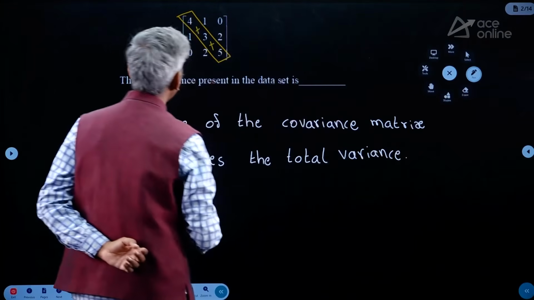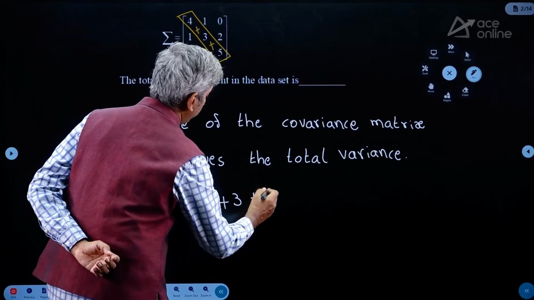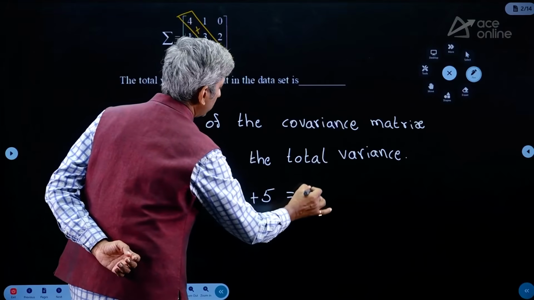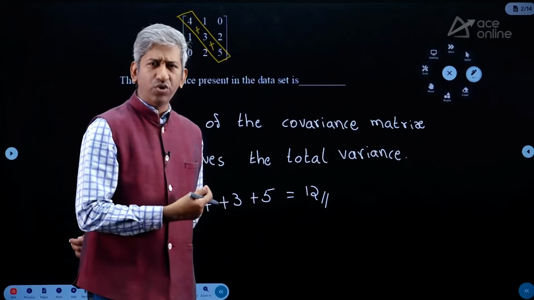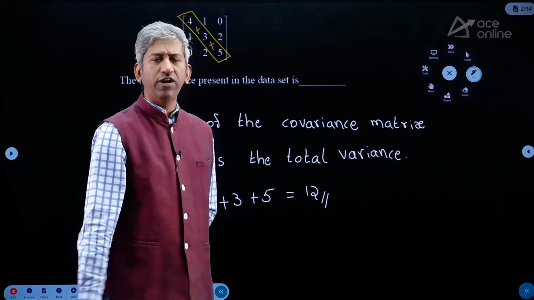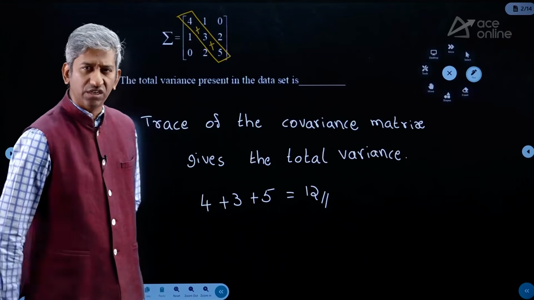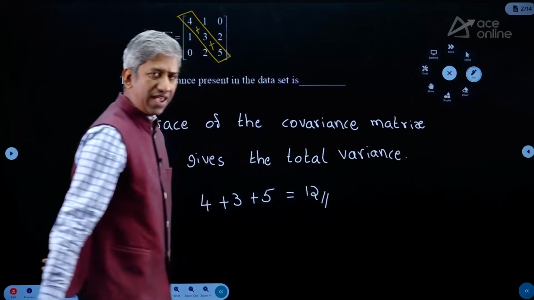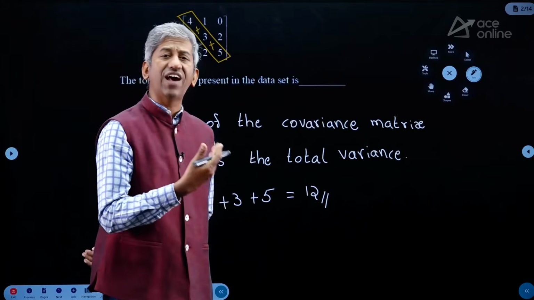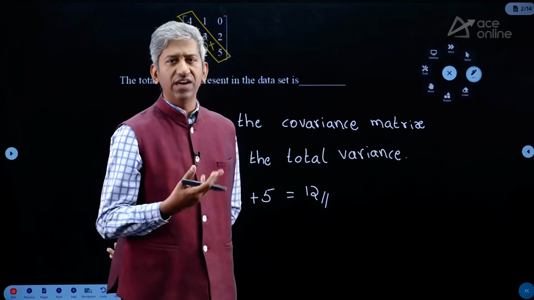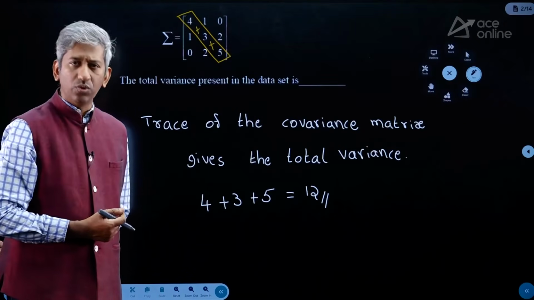So accordingly, its value is 4 plus 3 plus 5, which is equal to 12. So 12 is the answer. And even if you are having the covariance matrix's corresponding eigenvalues, their summation will also give you the same value. So even without giving the covariance matrix, if the eigenvalues are provided to you, then that eigenvalue summation also gives you the total variance.